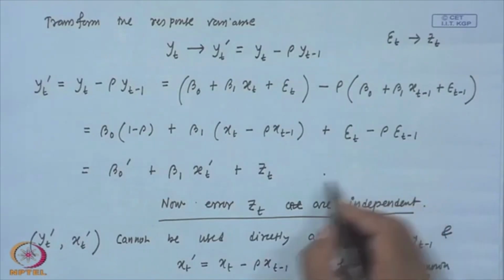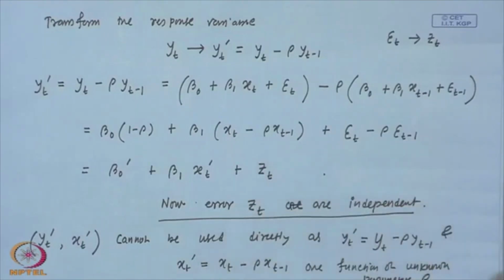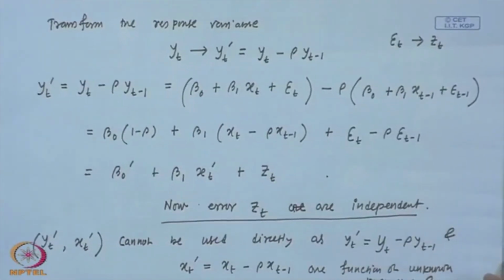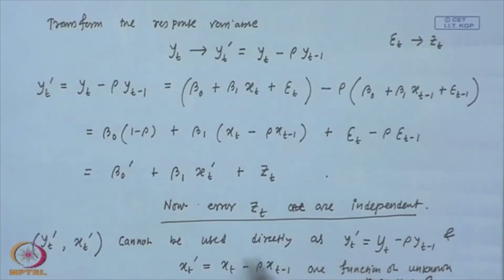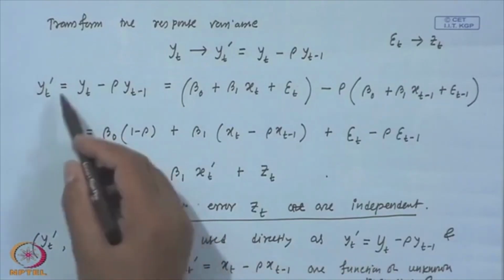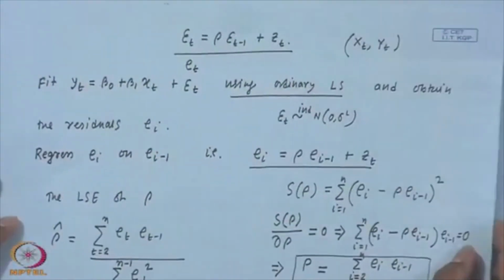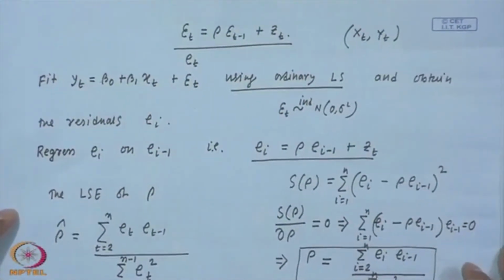We know that this z t, the transformed error, is independent, and that is why you can use the ordinary least square technique on this transformed data. But the problem again is that this x t prime and y t prime involve the unknown parameter rho, and we talked about how to estimate rho.